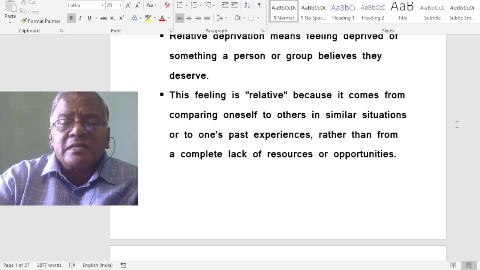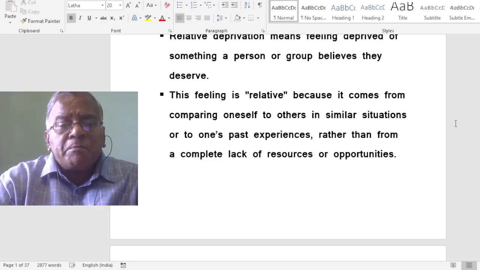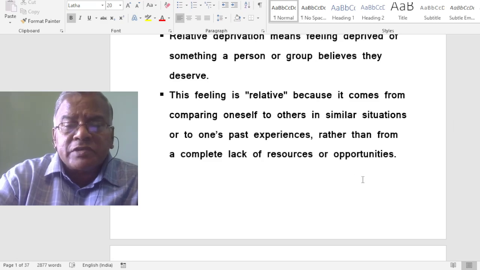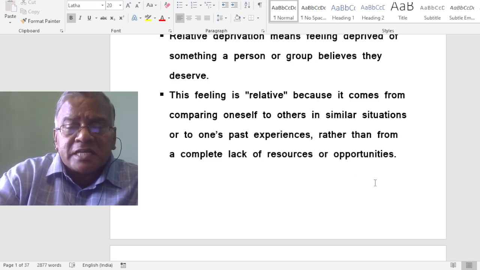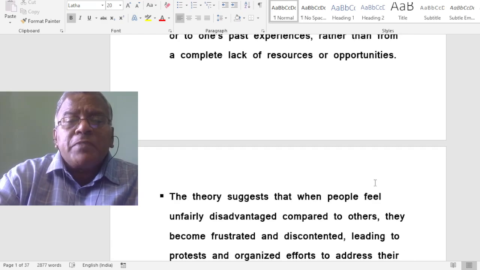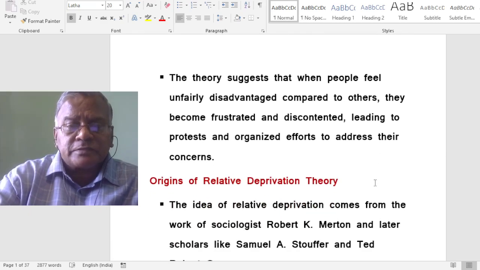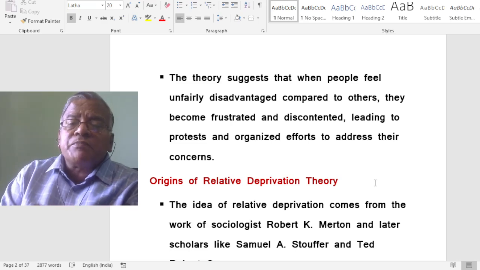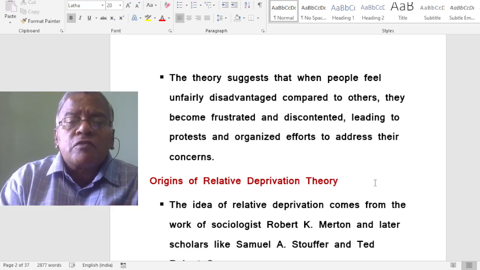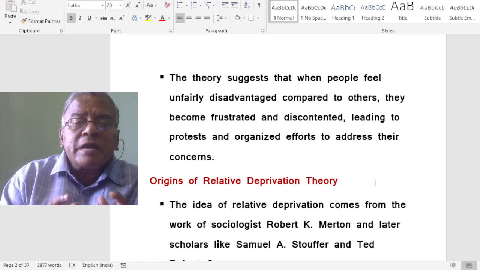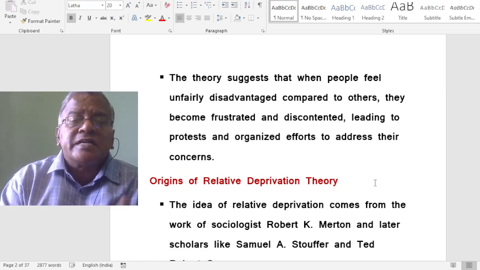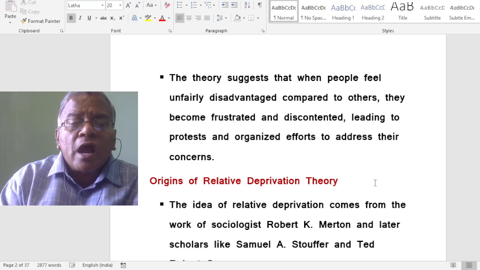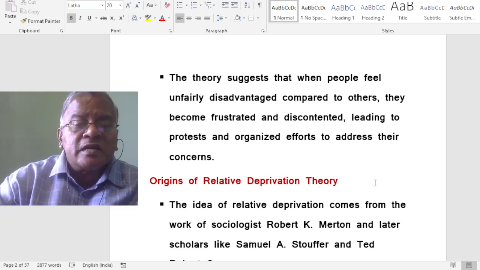So this feeling is relative because it comes from comparing oneself to others in similar situations or to one's past experiences rather than from a complete lack of resources or opportunities. The theory suggests that when people feel unfairly disadvantaged compared to others, they become frustrated and discontented, leading to protest and organized efforts to address their concerns.